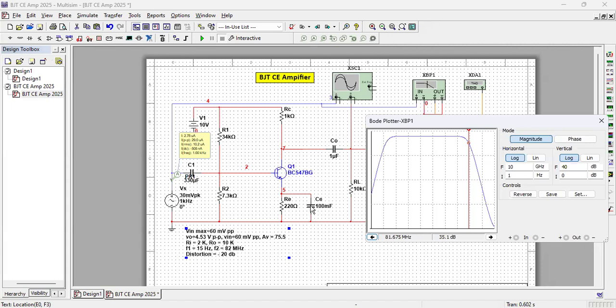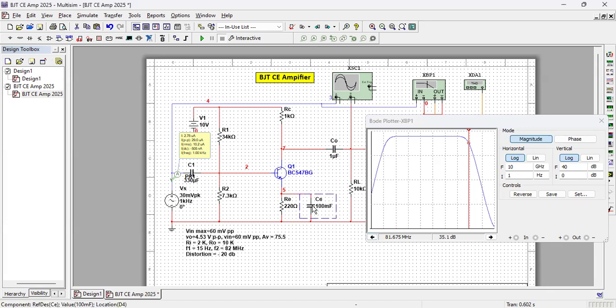Lower cutoff frequency means the problem in low frequency. If your choice of emitter bypass capacitor is not proper, then the output of this amplifier at low frequency, that means at a bass voice, will be very distorted. I want to show you that also.